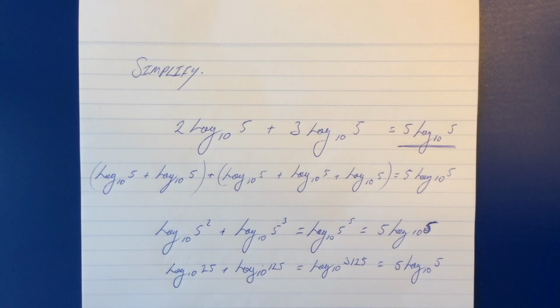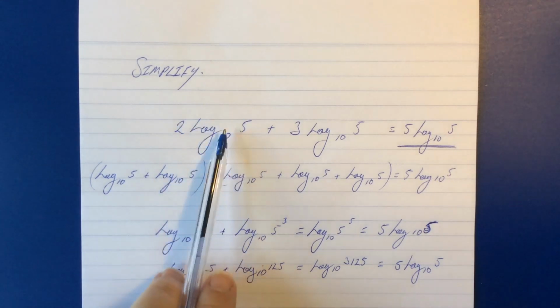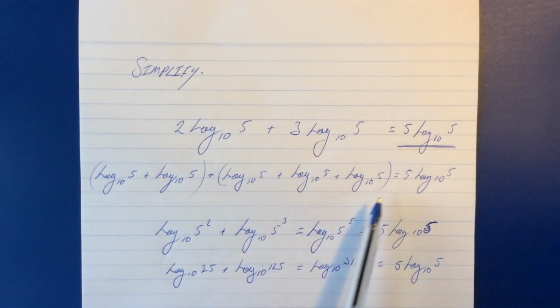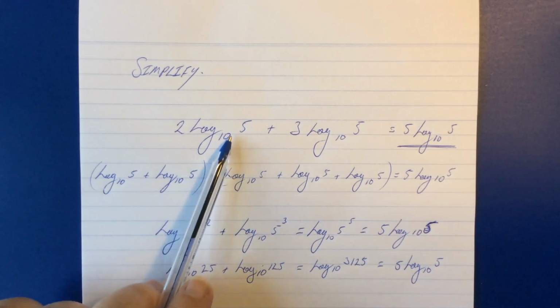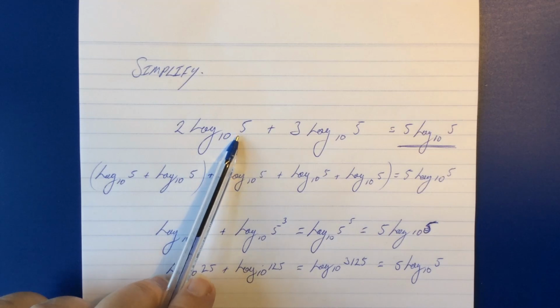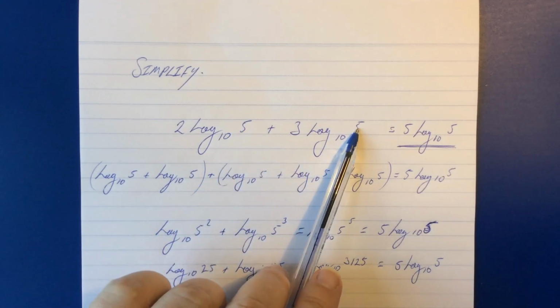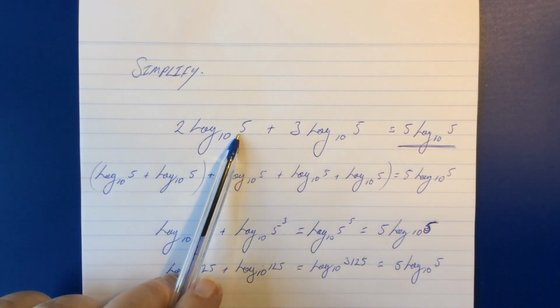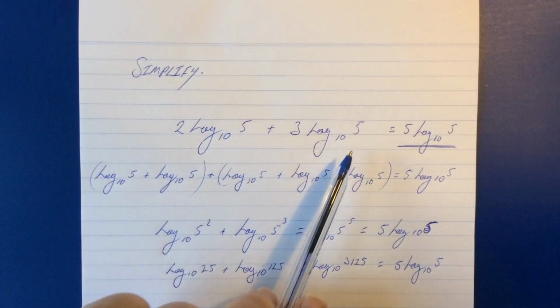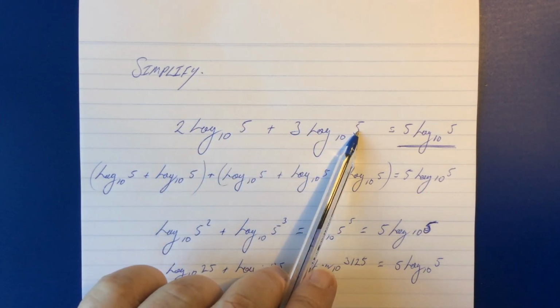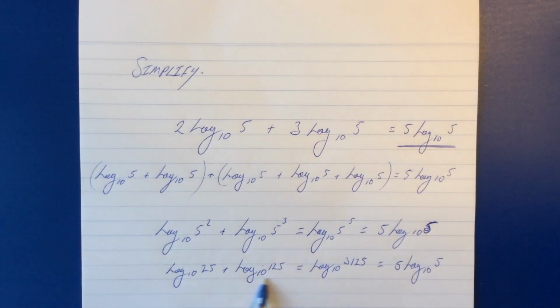If you think calmly about what each of these expressions actually means, this is a really good way of looking at it. You can convert these to powers of 5, or you can actually work out what they are. 5 to the power of 2, 25, 5 to the power of 3, 125, and then indeed you can do as you would expect, multiply them.